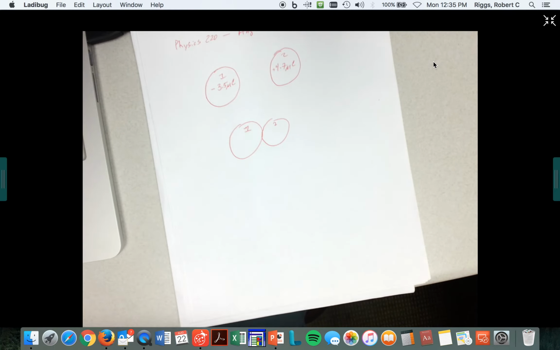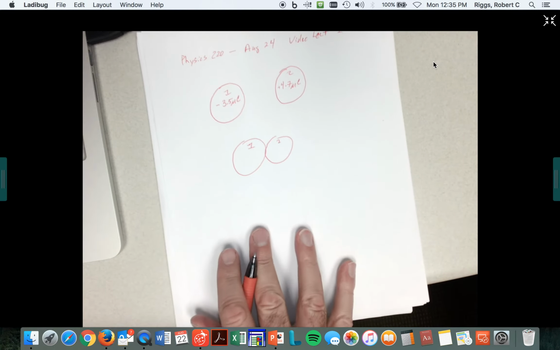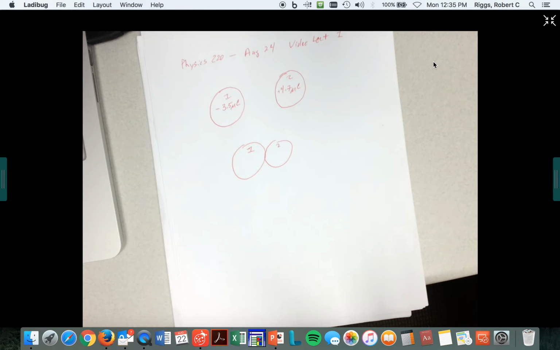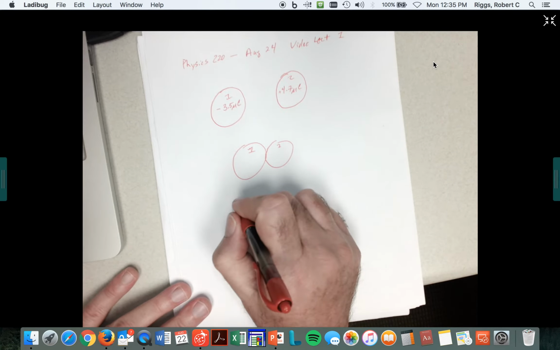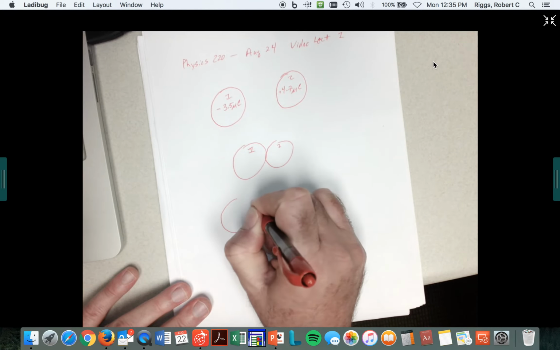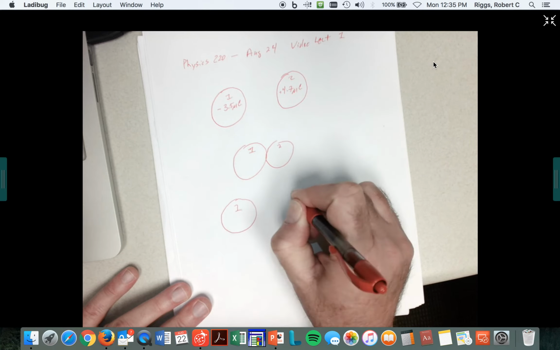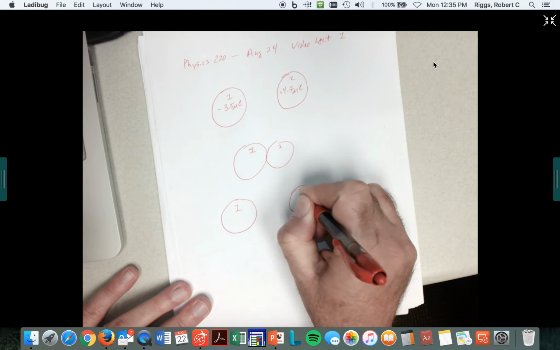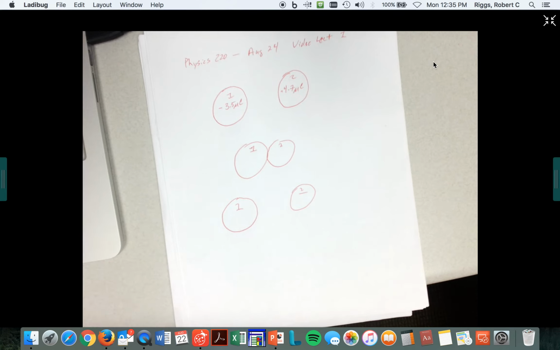Then in a pretty short amount of time, we're going to separate these two spheres, and I'm wondering what the charge is on each of them, because the amount of charge should have evened out on both of them.